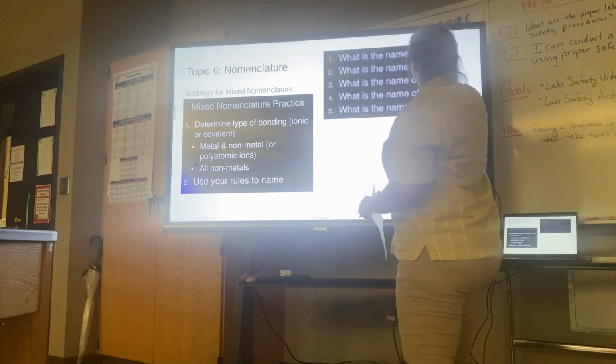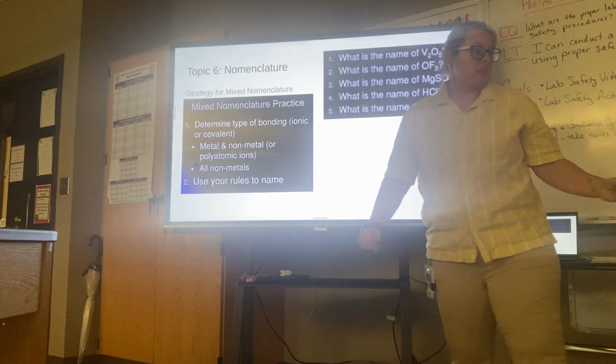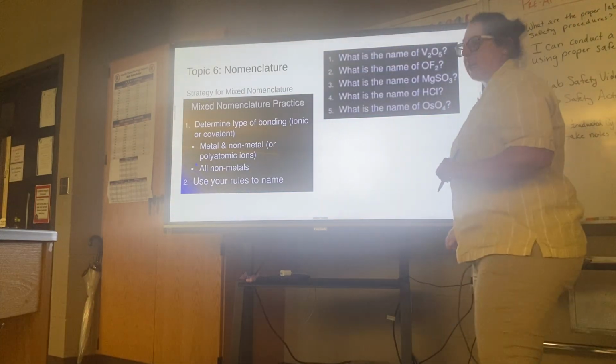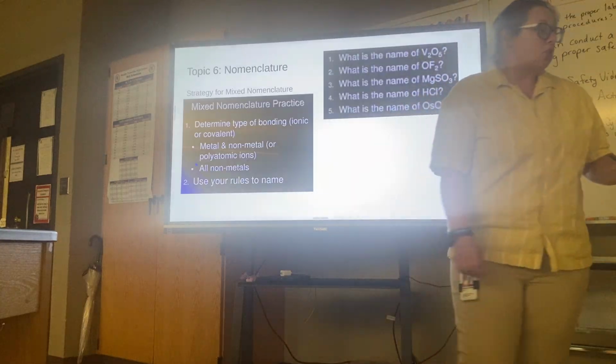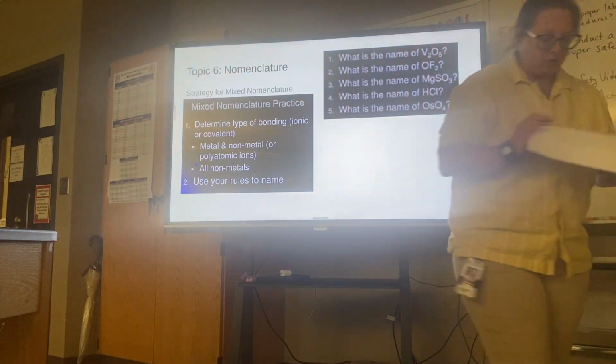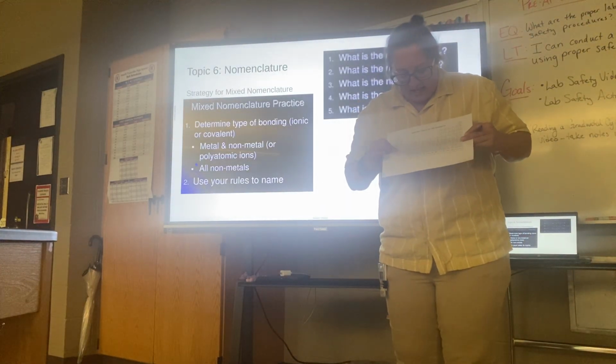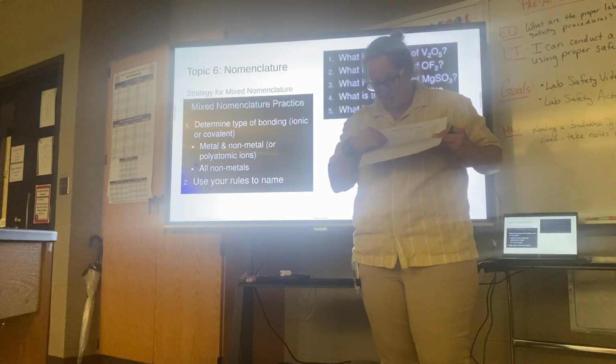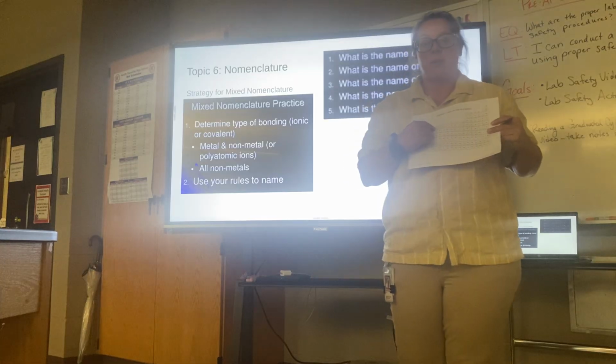So let's look at this compound here. We have a V and we have an O, all right? So if you look at your periodic table, the V is right around here, number 23 on the periodic table.